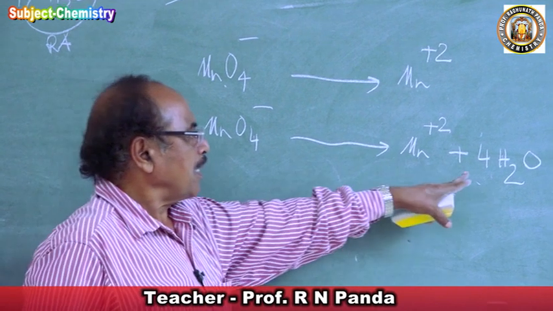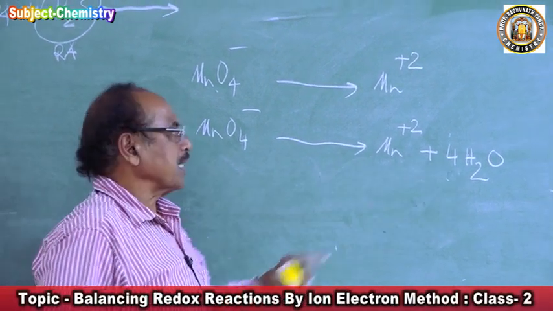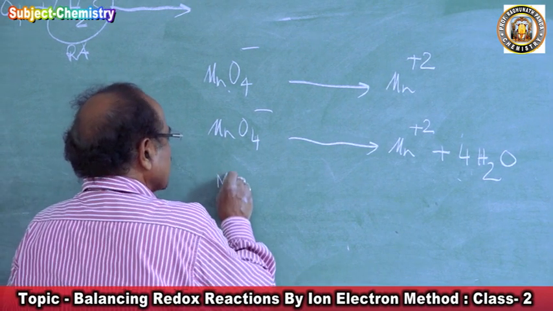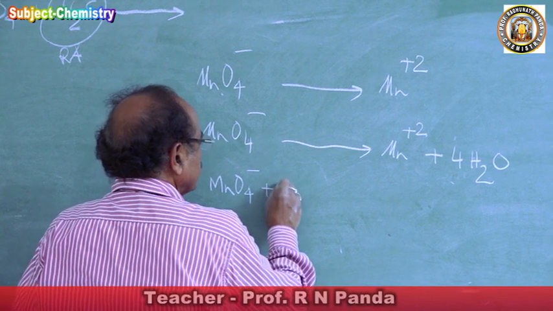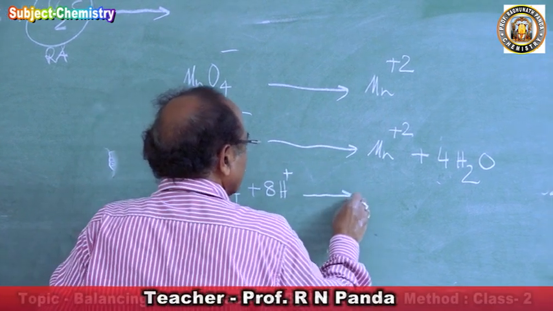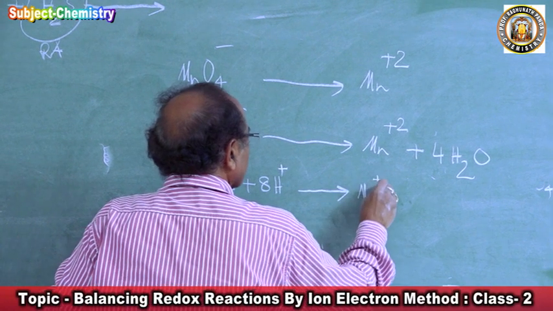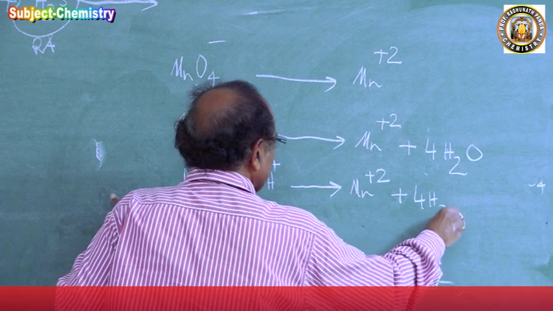Then balance the hydrogen atoms by adding hydrogen ions. So for MnO4 minus we will add 8H plus on this side. 8H plus will form Mn plus 2 plus 4 water. Now hydrogen is balanced, oxygen is balanced.